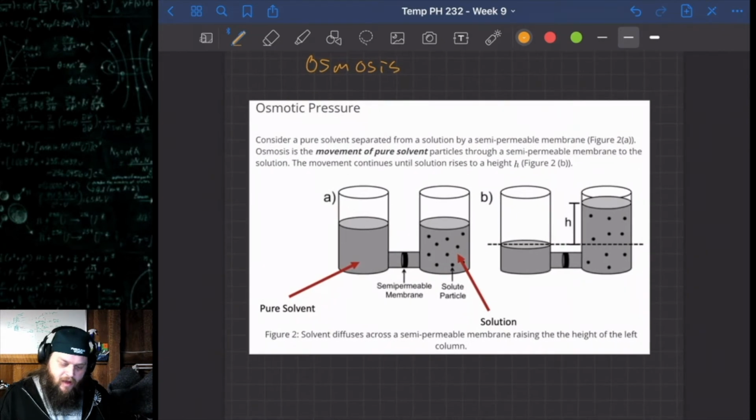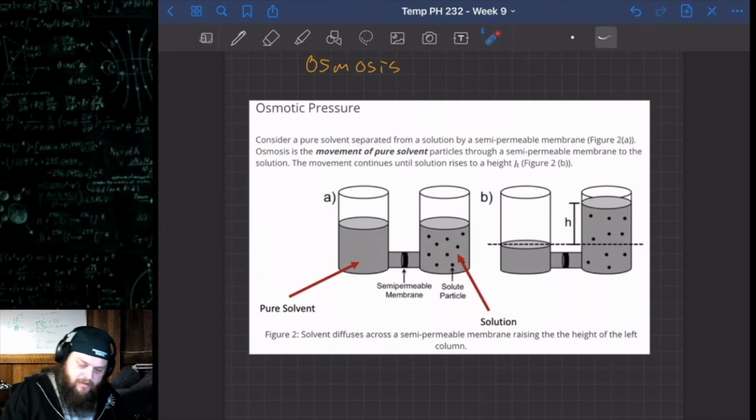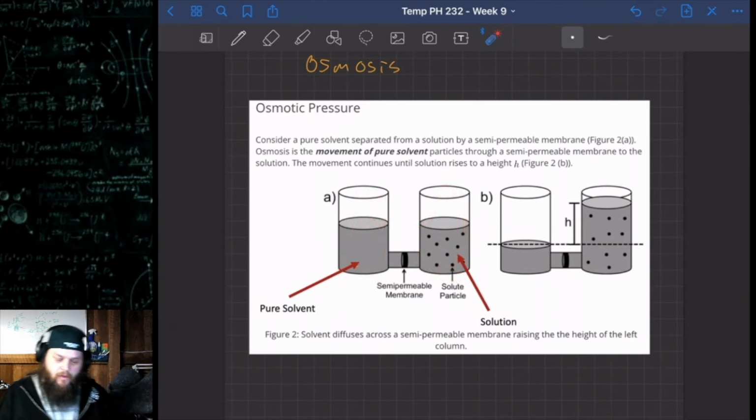So let's talk about osmotic pressure now. Osmotic pressure is, you have these two volumes, in this case, one on the left and one on the right. The one on the right has a solution in there, so there's some particulates that are dissolved in that solution. The one on the left is a pure solvent. So this is kind of like pure water, and this one over here could be salt water.